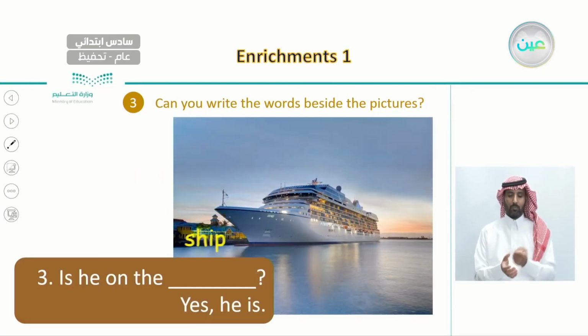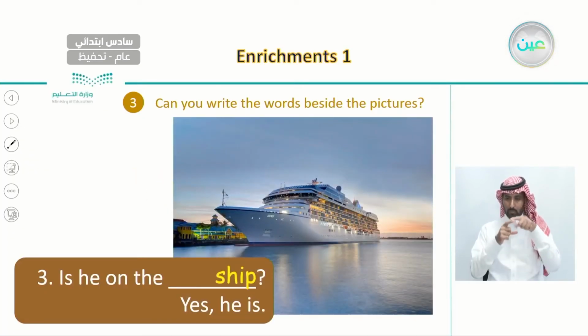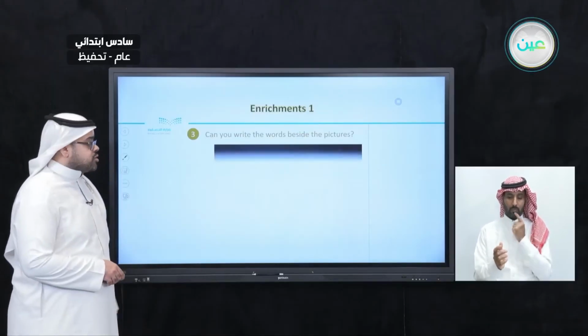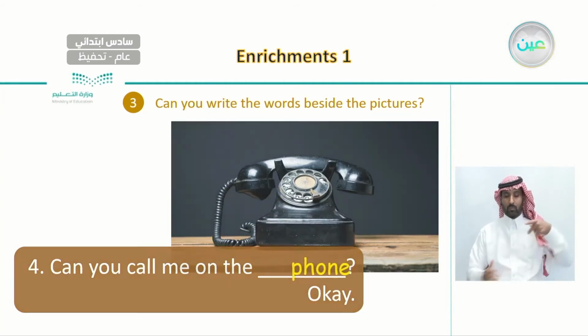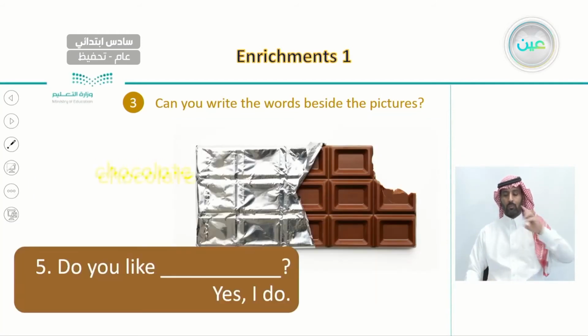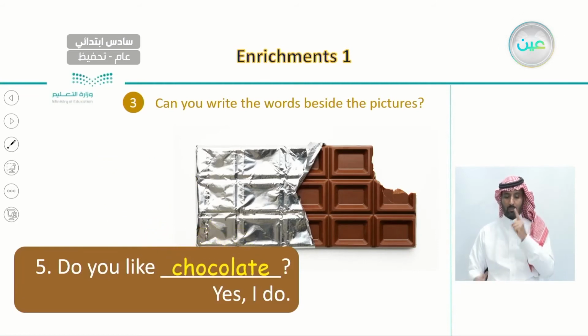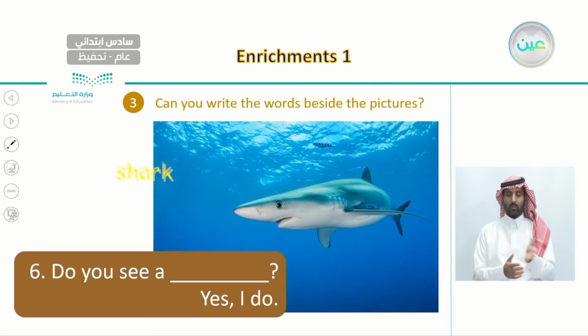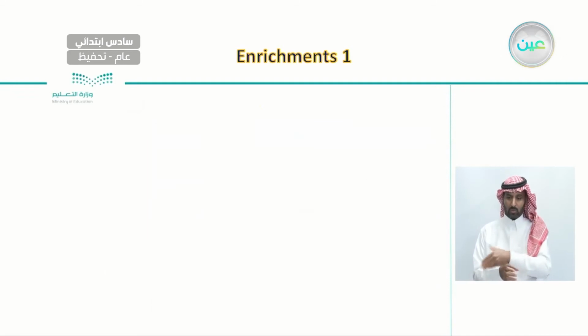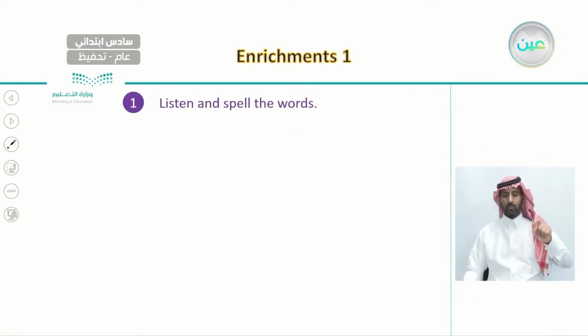And also, even when we have a look at this picture, which is a picture of a ship, here we wrote a question. And after this, here is another word, which is phone, and also a chocolate bar. That was the next word. And here we have a shark, also another word that we have in this lesson.